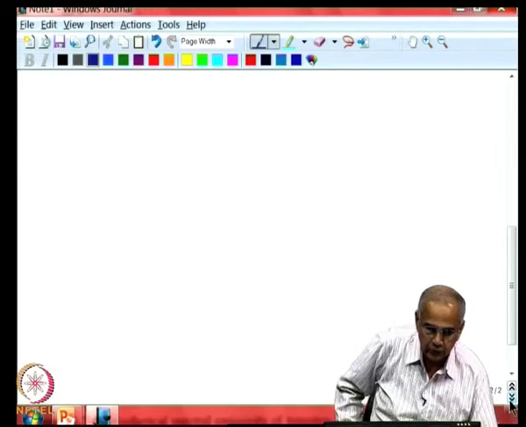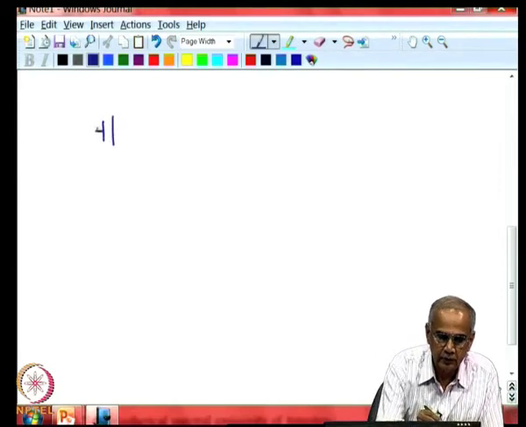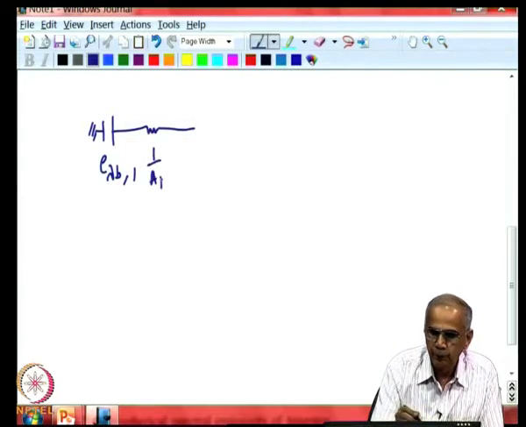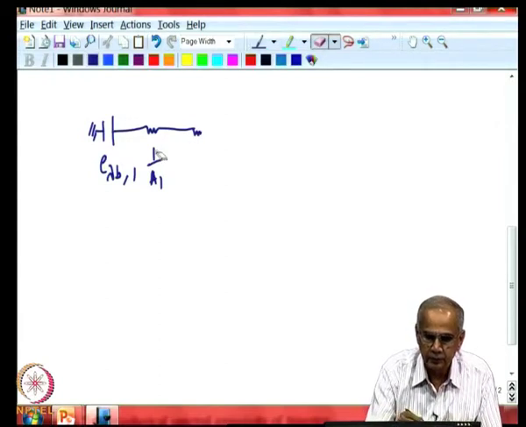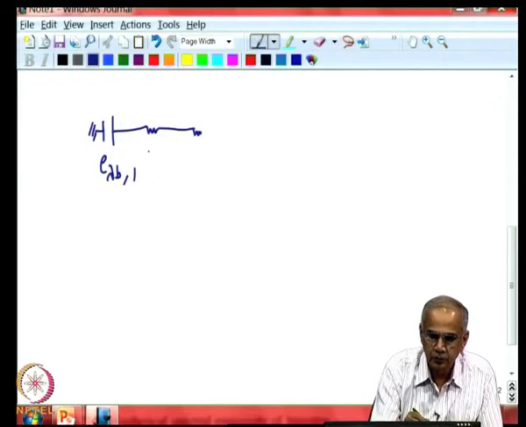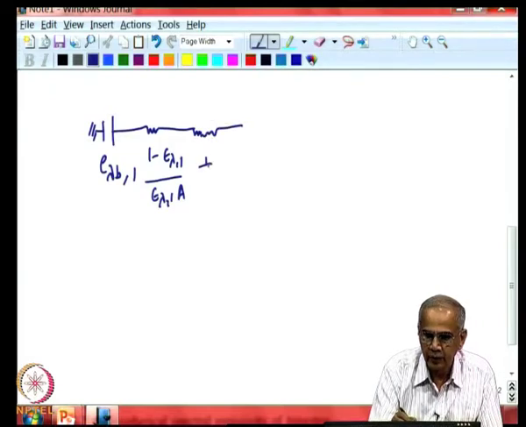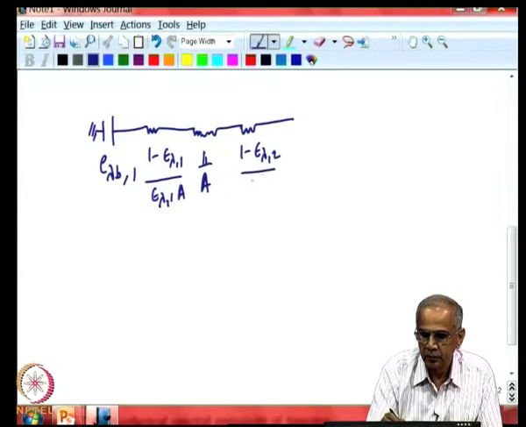And if you draw a simple electric analogy, now at a spectral level, not at the total level, for two parallel surfaces, F12 is 1, and the first resistance is 1 minus epsilon lambda 1 by epsilon lambda 1 A, then 1 over A, where A is the area of the parallel plate, and finally we have 1 minus epsilon lambda 2 by epsilon lambda 2 A, and finally you have the surface 2.